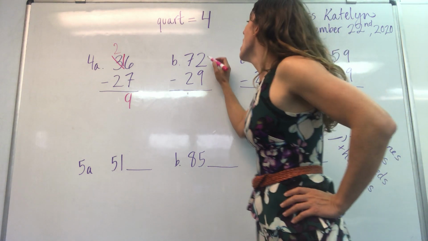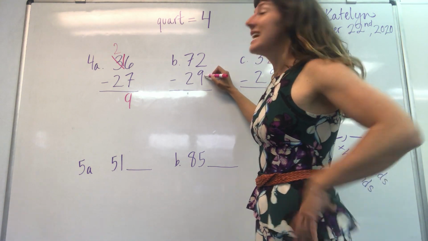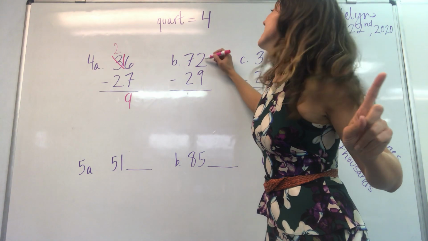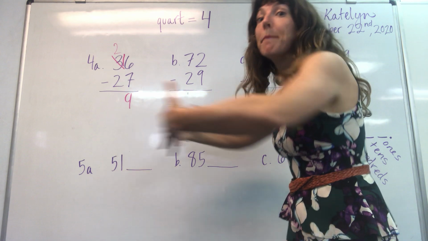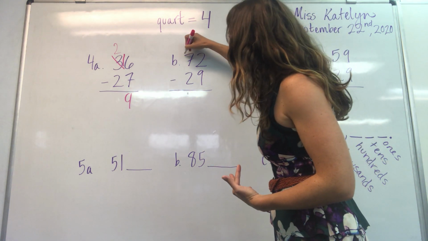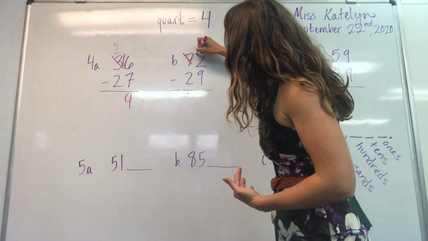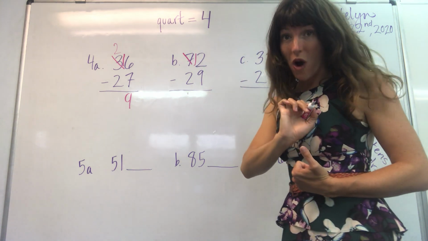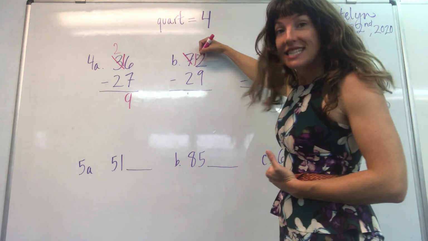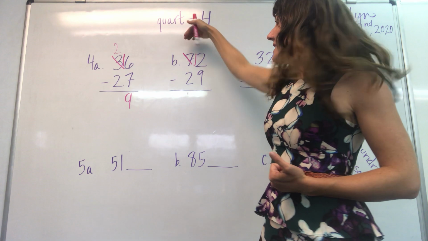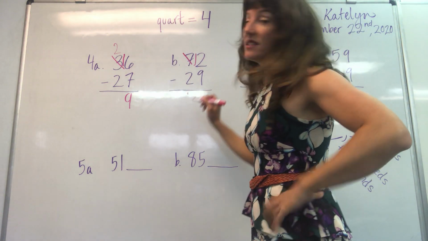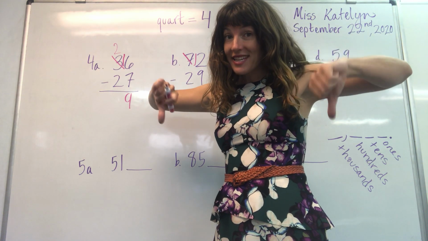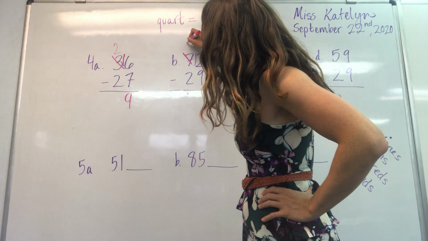Here we go. 2 minus 9 can't be done because the top number is smaller than the bottom one. So I borrow from the tens and turn it into 10 ones, okay? My tens have to go down. 7 minus 1 is 6, right?